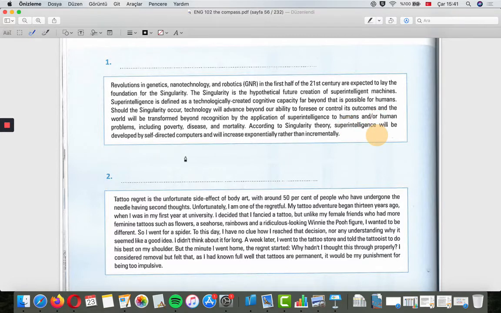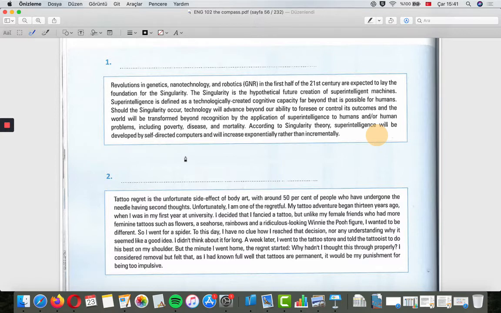It says revolutions in genetics, nanotechnology, and robotics in the first half of the 21st century are expected to lay the foundation for the singularity. What is this? The singularity is the hypothetical future creation of superintelligent machines. Superintelligence is defined as a technologically created cognitive capacity far beyond that is possible for humans.